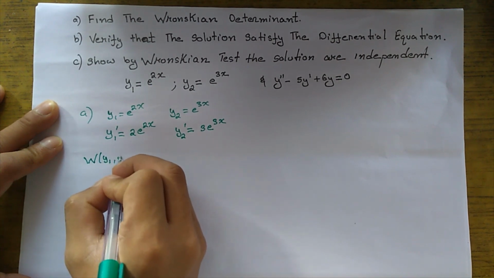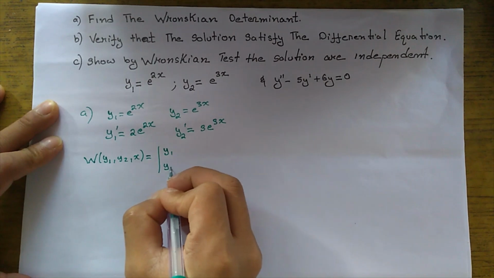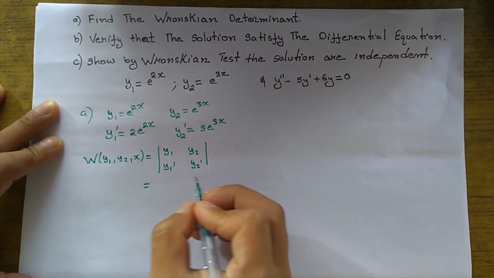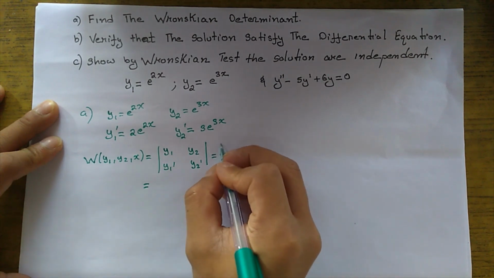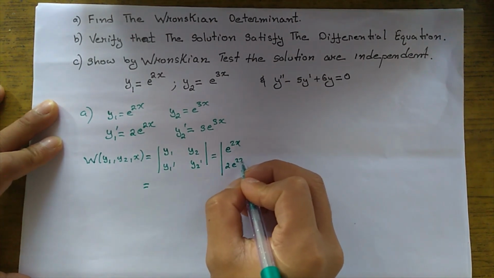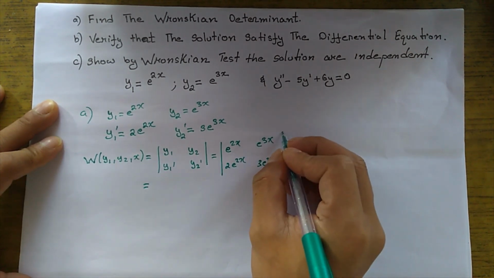W is equal to the determinant of y1, y2, which are functions of x, and y1 prime, y2 prime. Let's find the determinant. Better to put in the values: y1 is e^(2x), y2 is e^(3x), and the second row is 2e^(2x) and 3e^(3x).